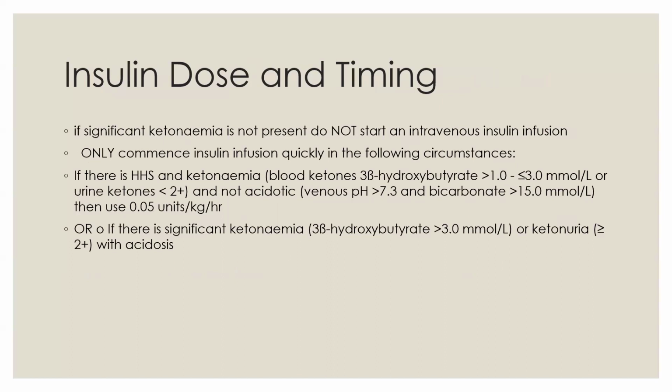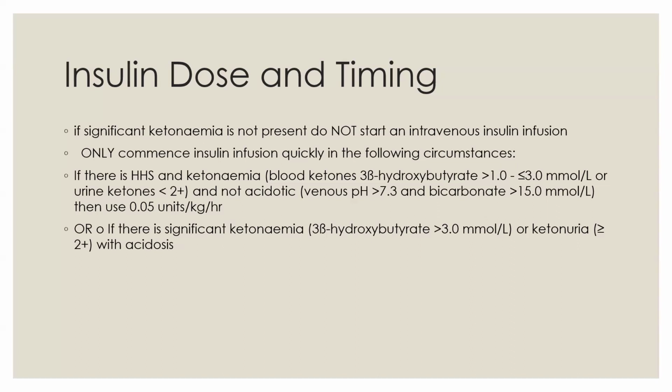Now regarding insulin dose and timing. If significant ketonemia is not present, do not start an intravenous insulin infusion. Only commence insulin infusion quickly in the following circumstances. If there is HHS and ketonemia, that is blood ketones, 3-beta-hydroxybutyrate, more than 1 and less than 3, and urine ketones less than 2 plus, and there is no acidosis, that is venous pH more than 7.3 and bicarbonate more than 15, then use 0.05 units per kg per hour.